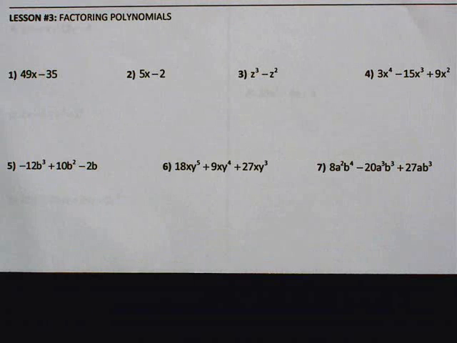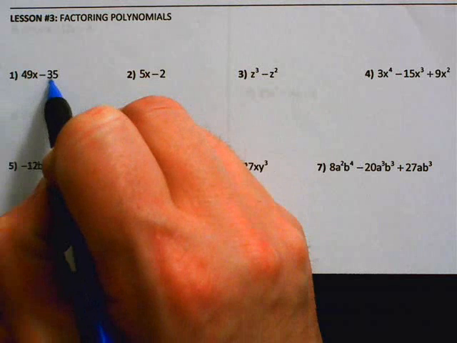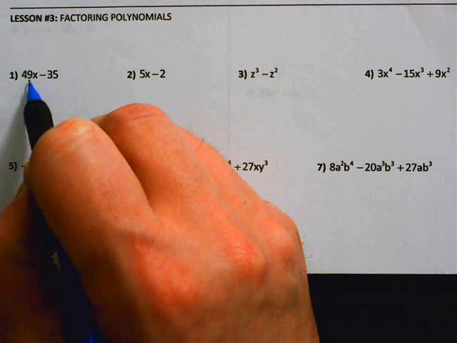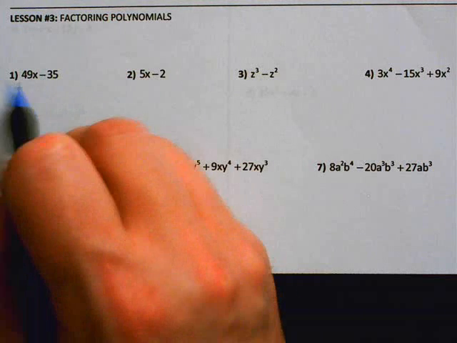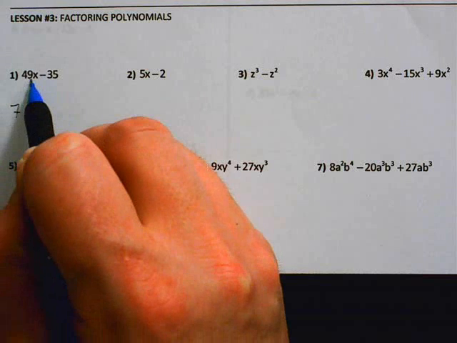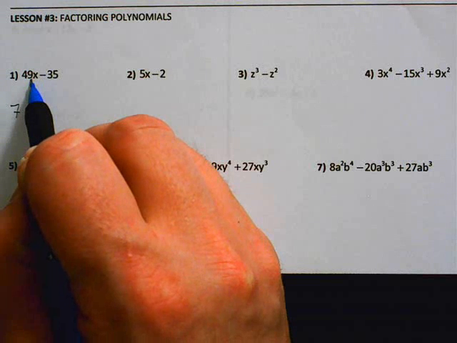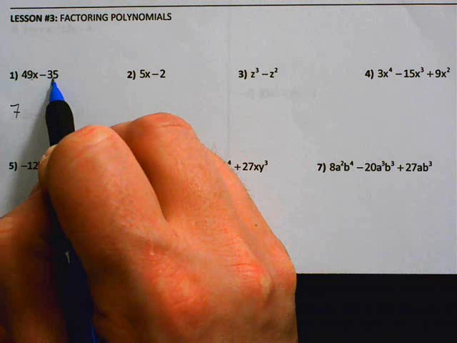Lesson 3, Factoring Polynomials. The way you factor polynomials is basically you look at this binomial, for example, and you ask yourself, can I factor out a number from the first two terms? And the answer would be 7. I can factor out a 7 because 7 goes into 49 7 times, and 7 goes into 35 5 times.